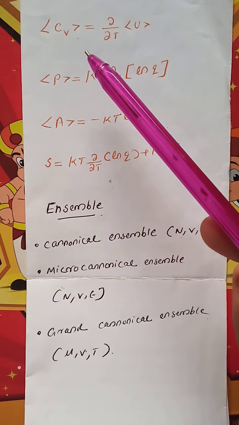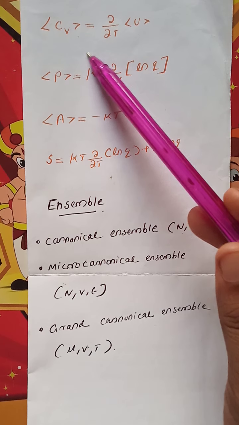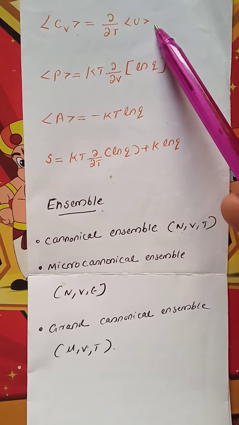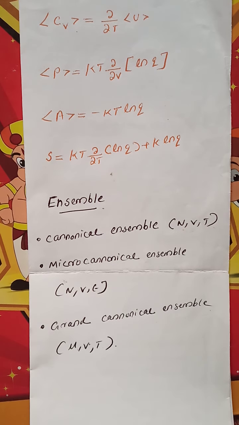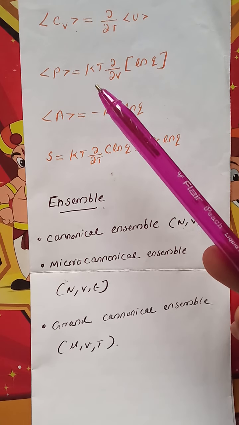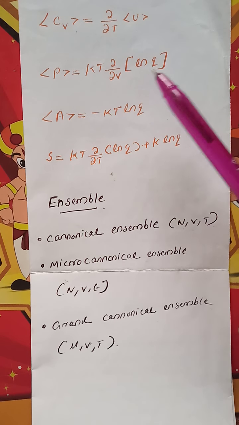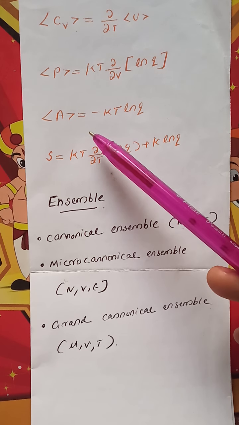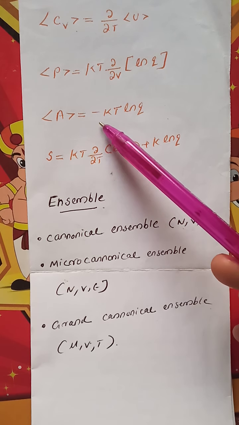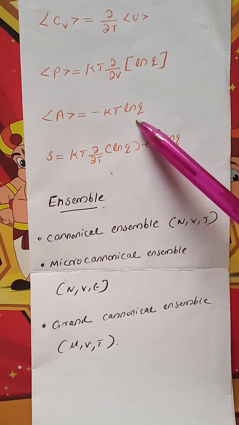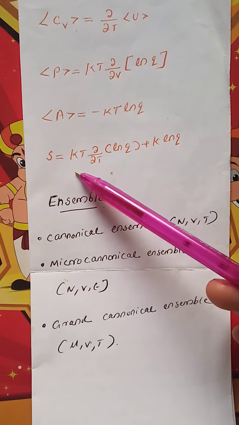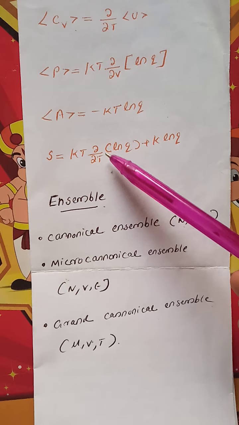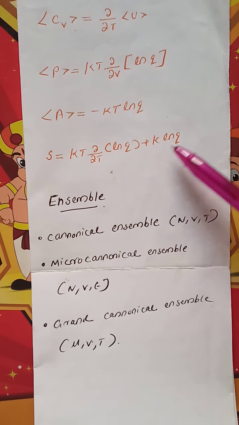The specific heat capacity can be found by the equation dou by dou T of average internal energy. The average pressure can be found by kT dou by dou V of ln q. The average Helmholtz free energy can be found by the equation minus kT ln q. And entropy is equal to kT dou by dou T of ln q plus k ln q.